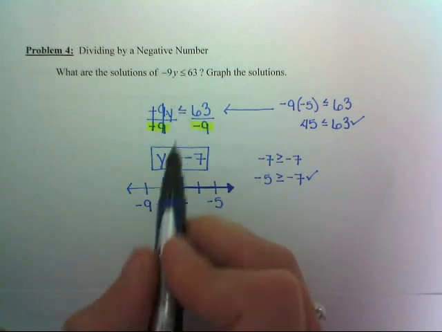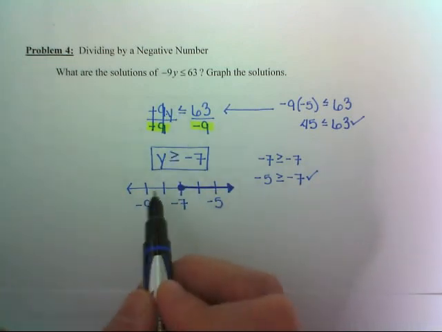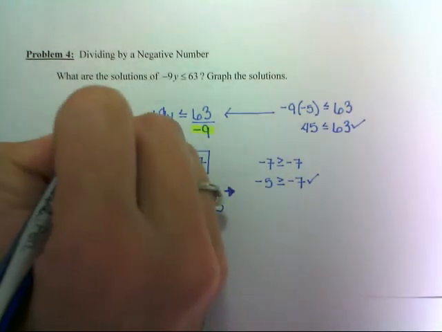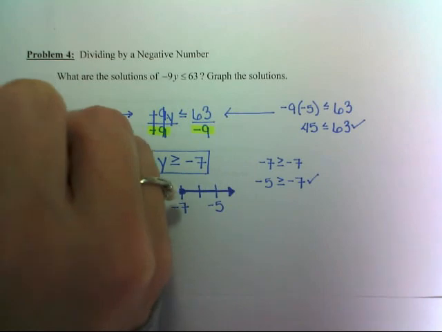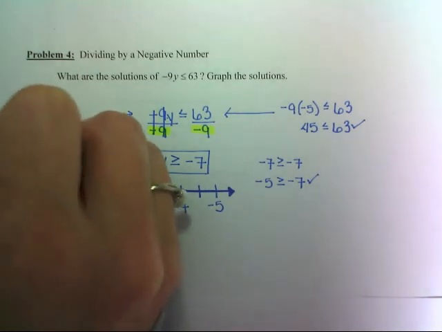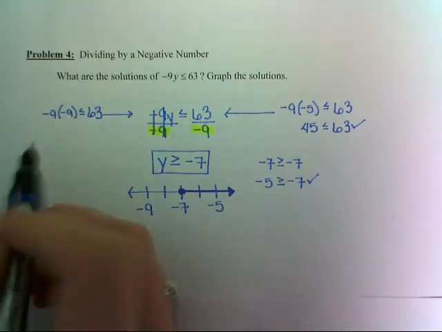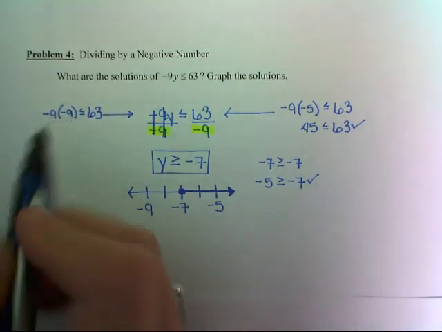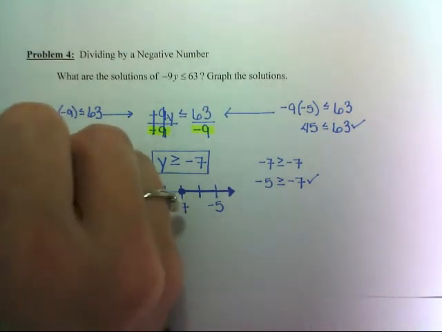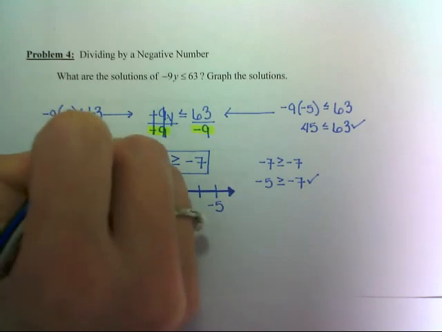If you did not flip your inequality symbol and you graphed everything in this direction, you would have graphed -9. So let's see, does -9 work in this problem? -9 times -9 less than or equal to 63. A negative times a negative gives us a positive. 9 times 9 gives us 81, less than or equal to 63.